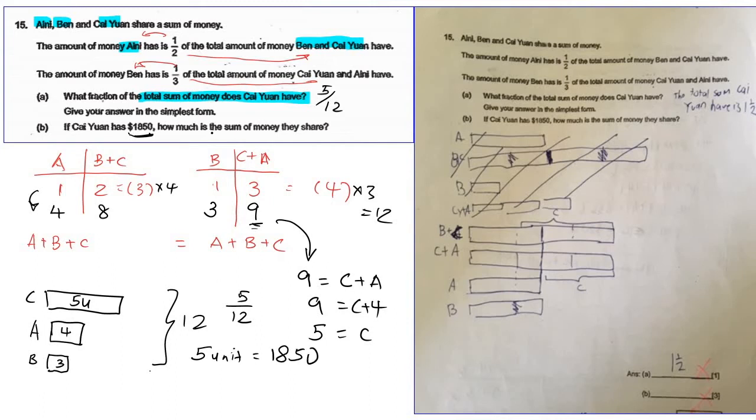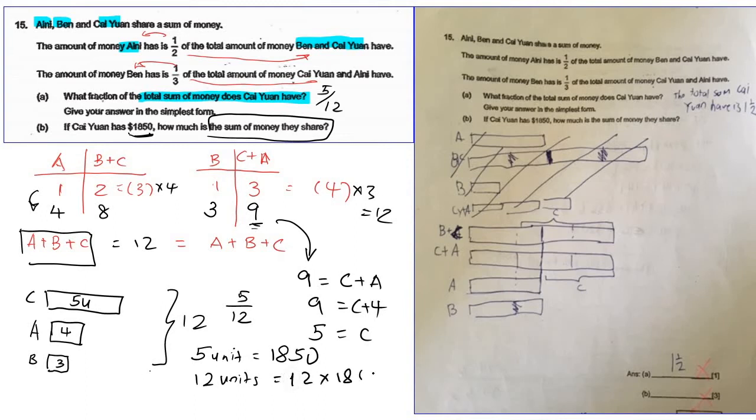I know that the total sum of money that they share, in this case, equals 12, right? So 12 units will be, you can do a simple thing: 12 times 180, divide the whole thing, divide 5, and then you will have the answer. Simple, right?